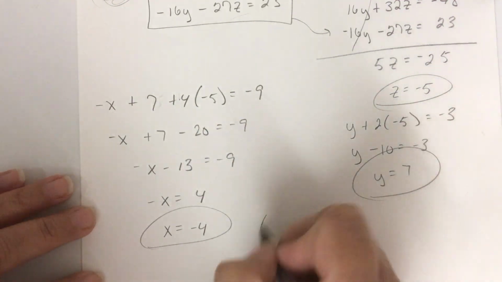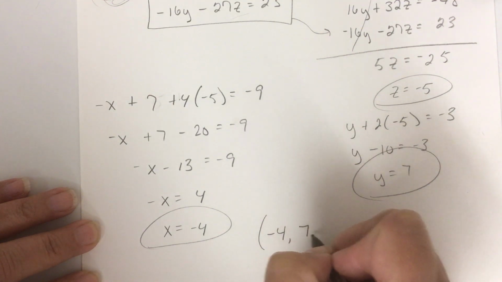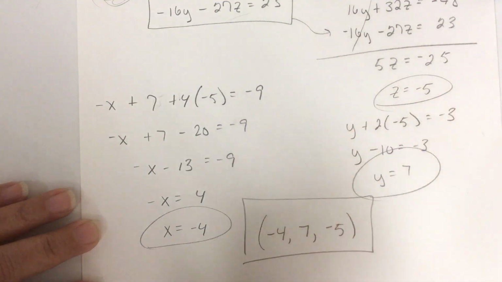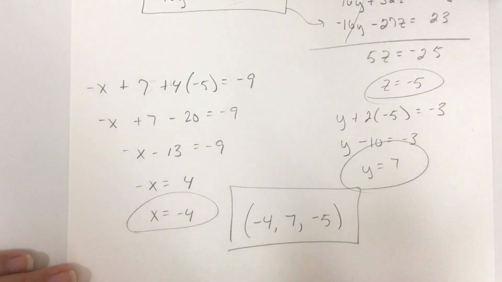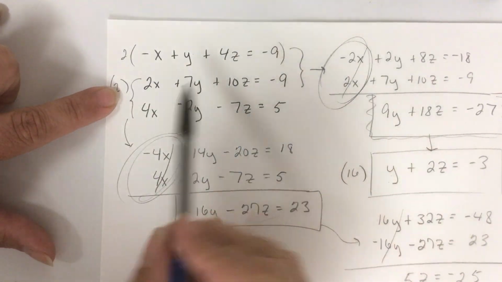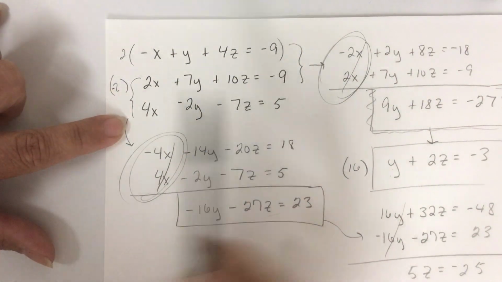My ordered triple goes x, y, z, so it is -4, 7, -5. That is my ordered triple. Those are the 3 numbers that would have to go into these original equations that would work in all of them. If you plugged them in here, you get -9. If you plugged them in there, you get -9. If you plugged them in there, you would get 5.